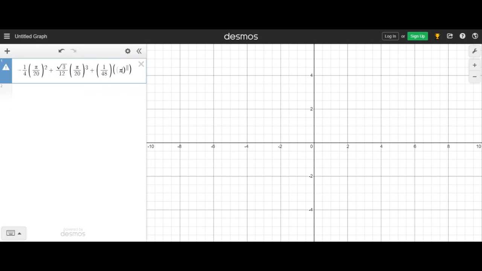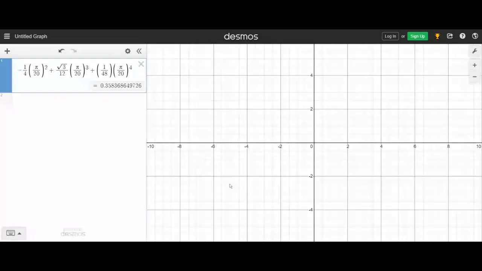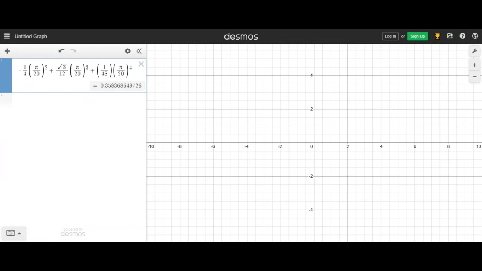Sometimes it's just better to build the house over again, right? All right, 0.3583686. There we go. Who did get that? Maybe tried it in Desmos themselves and got that? Okay, worked out for you, Ange.